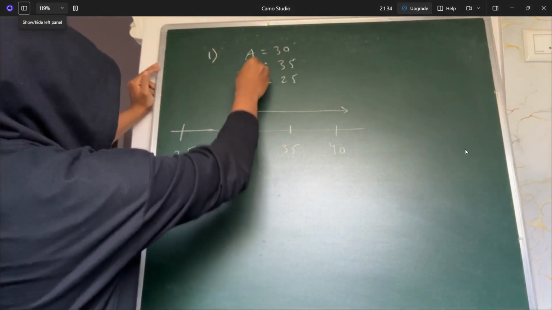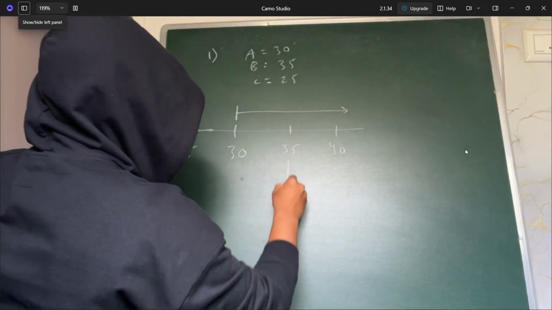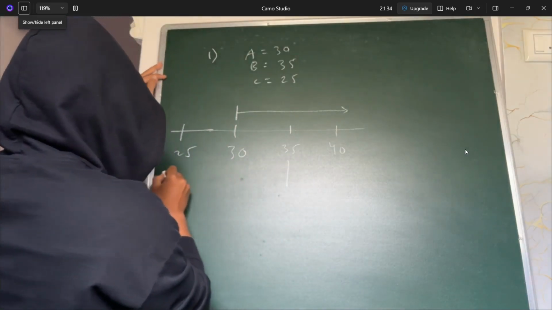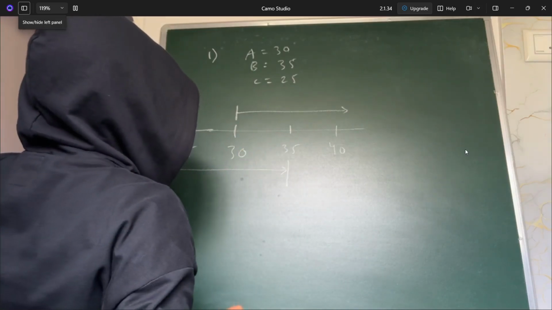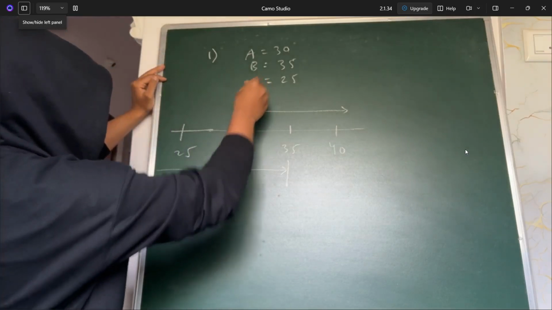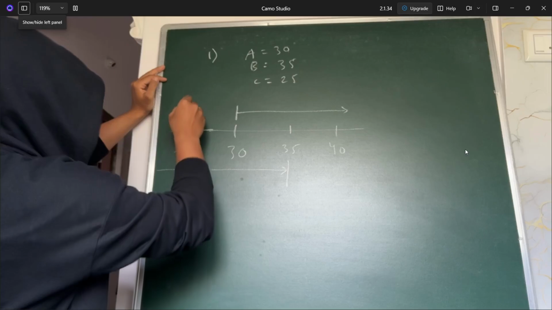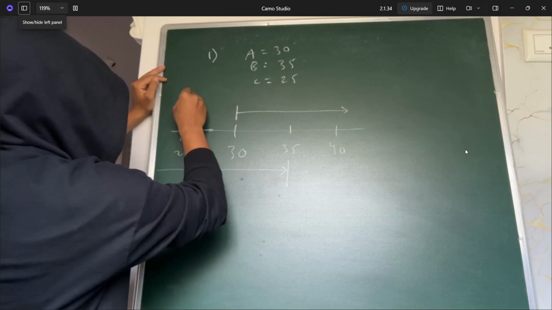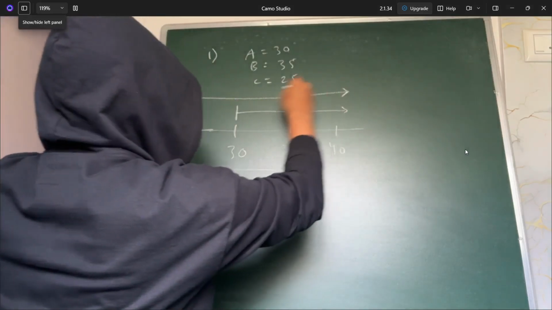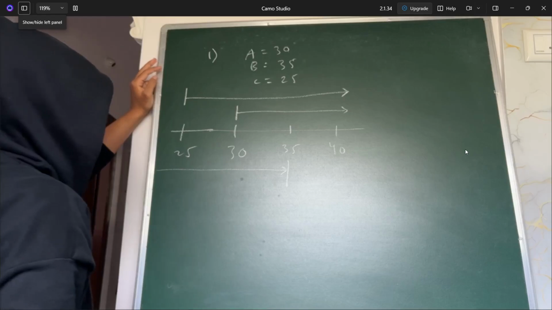But Bob is saying the temperature has to be at most 35 degrees. So it can be negative, something like that, but it shouldn't exceed 35. And Charlie is saying the temperature has to be at least 25, so more than that is also possible.